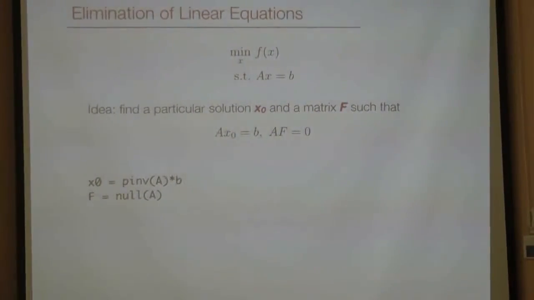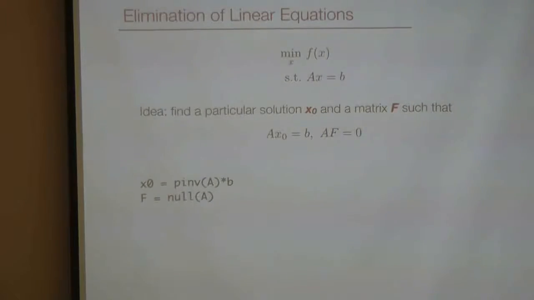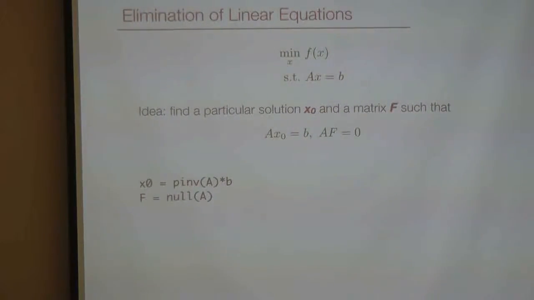And again, if all are linearly independent, then how many solutions do we have? One or even zero. If we have more constraints than optimization variables, and all constraints are linearly independent, then we have no solution. Okay? So that's why we only consider a case where A actually has fewer rows than columns.